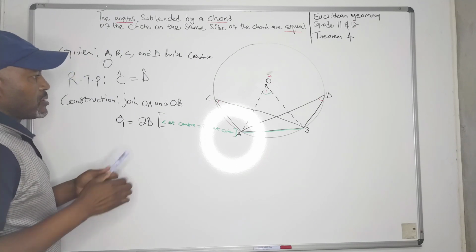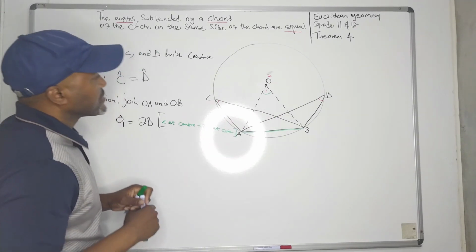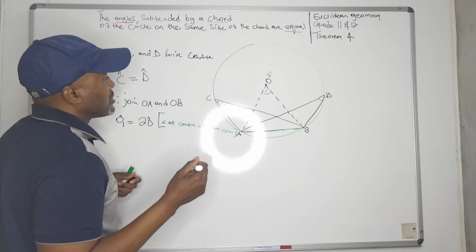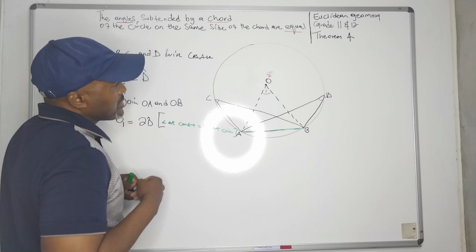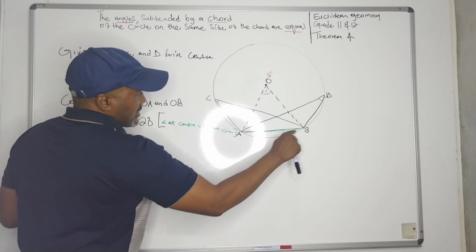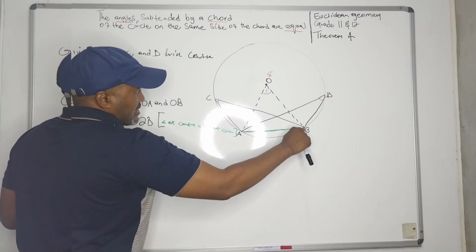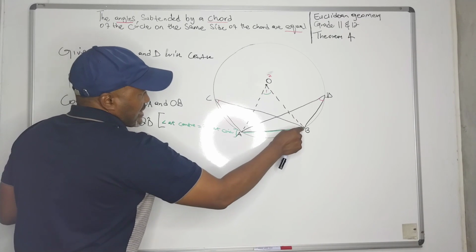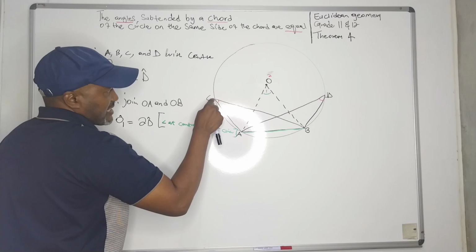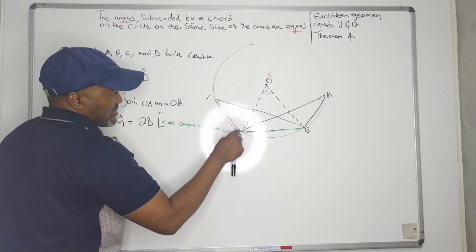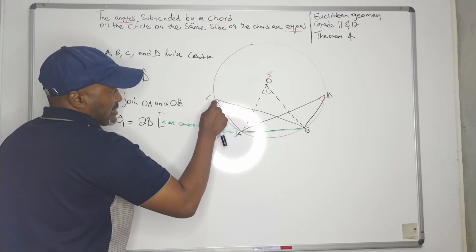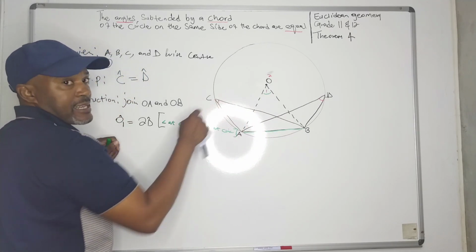So we go back to our drawing again and see which is which. If you check very well again, you can see, let's go from the very same chord, and the very same chord subtending this angle here at the circumference. Can you see? From the very same chord again, it comes here and subtends angle C, right?